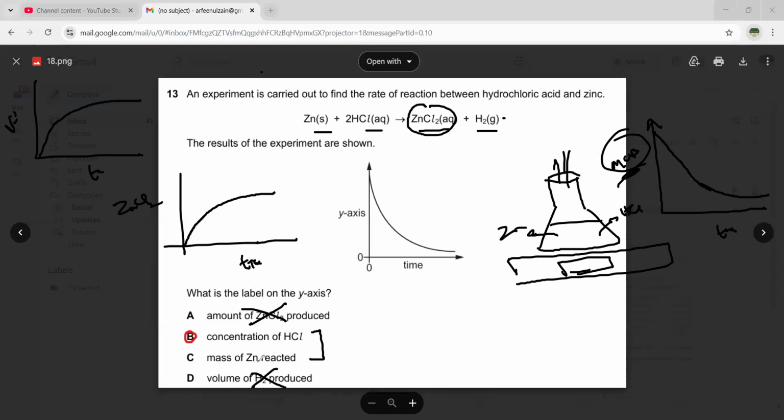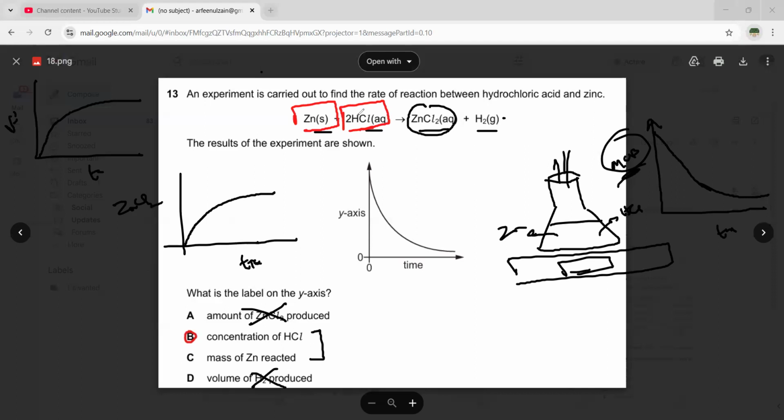Mass of zinc reacted. It's not about the mass of zinc left, it's about the mass of zinc reacted. First, what will happen? Zinc is a reactant for us, which is a solid, and hydrochloric acid is aqueous. So the amount of hydrochloric acid reacted, its amount will decrease.